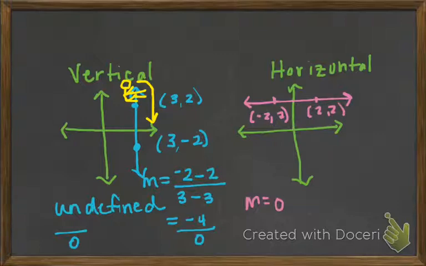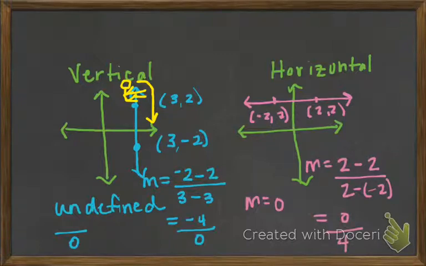Our definition says slope equals y2 minus y1 over x2 minus x1, or 0 over 4. We can have a 0 in the numerator, we just can't have a 0 in the denominator. Therefore, our slope is 0. It is defined, but it is flat, or there is no change.